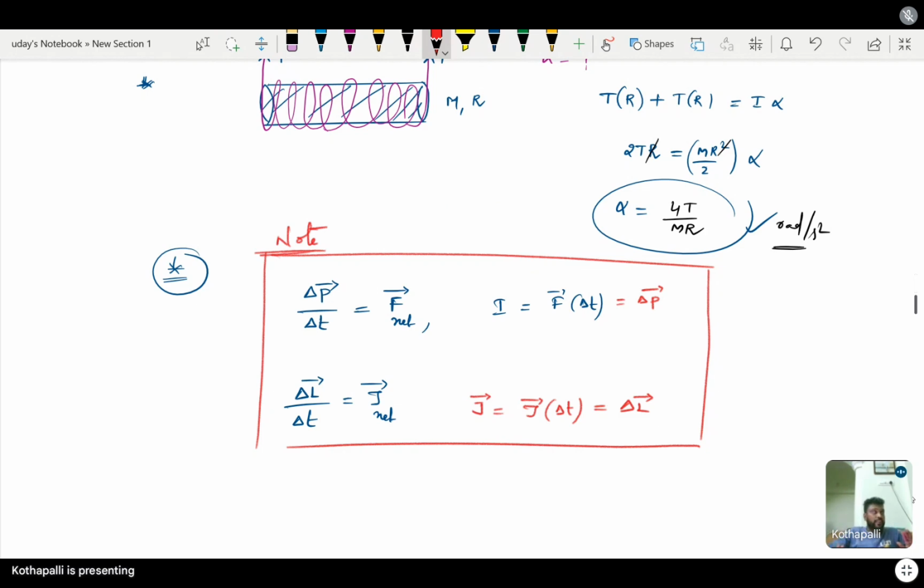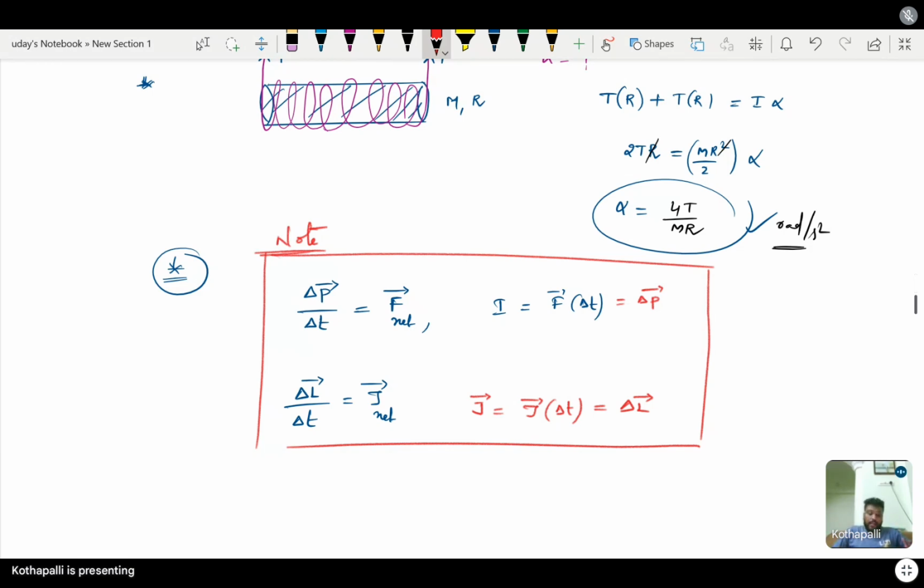It can be expressed in two ways: r F sin theta, split as r into F sin theta, or F into r sin theta. r into F sin theta is the position magnitude multiplied by the perpendicular component of the force, and F into r sin theta is the force magnitude multiplied by the perpendicular distance between the line of action of force and the axis of rotation. According to the given situation, you can choose either, and both will give the same answer.